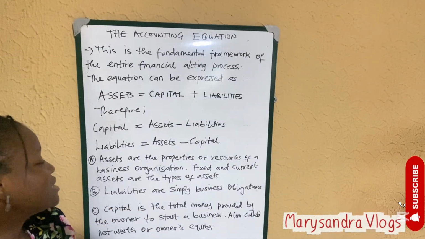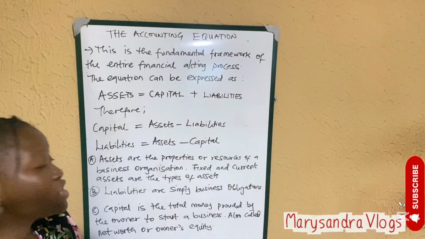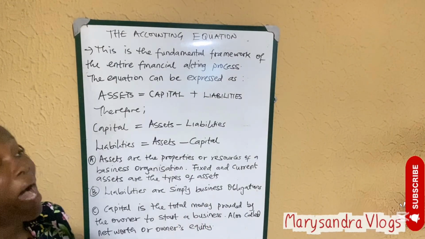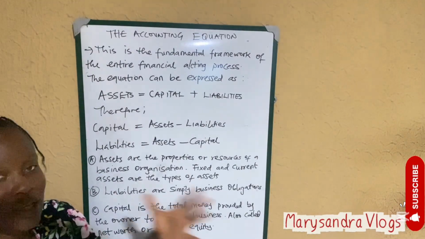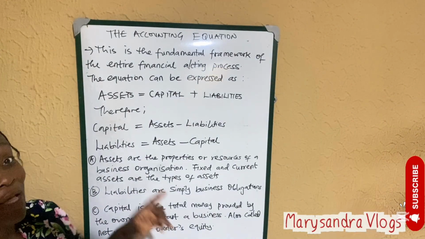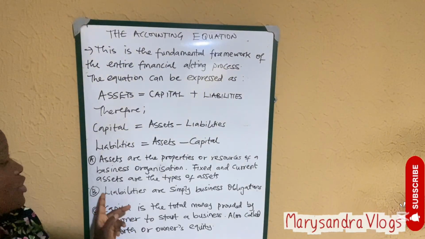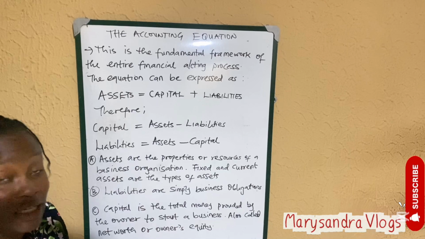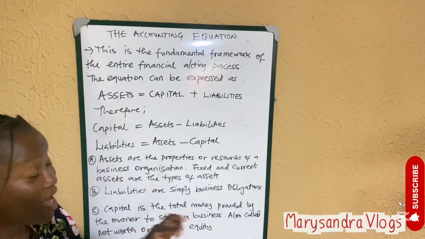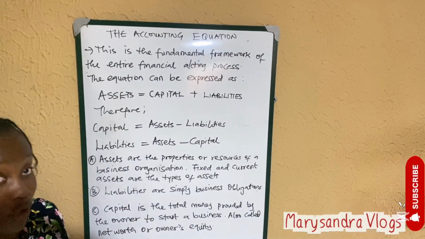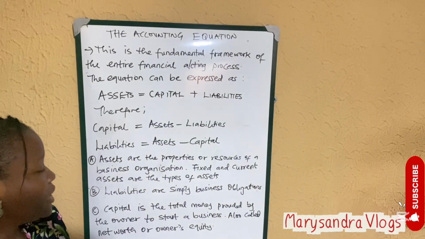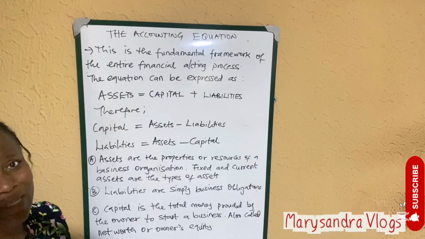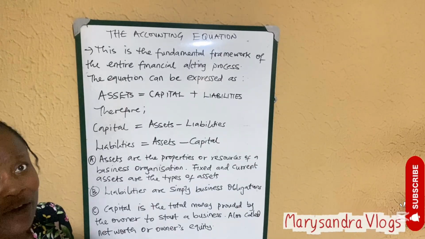So liabilities are simply business obligations, the people the business owes. Let me note, the people owing the business are under current assets, that is your debtors. So liabilities are simply business obligations. And also under liabilities, we have two types of liabilities. We have long-term liabilities, and we have short-term liabilities. So long-term liability, for example, you collect a loan from the bank for 10 years.